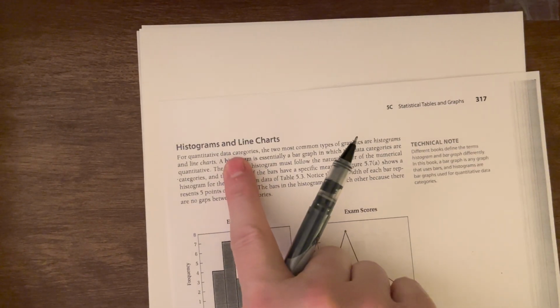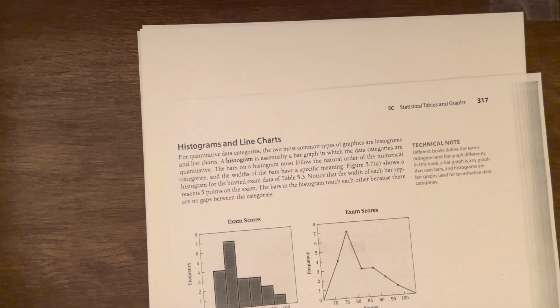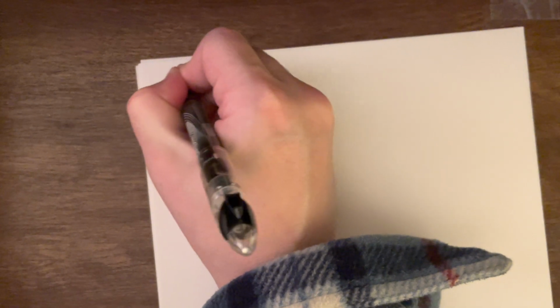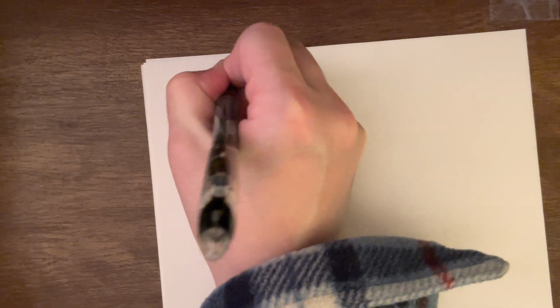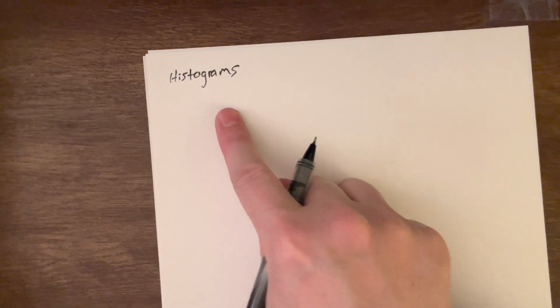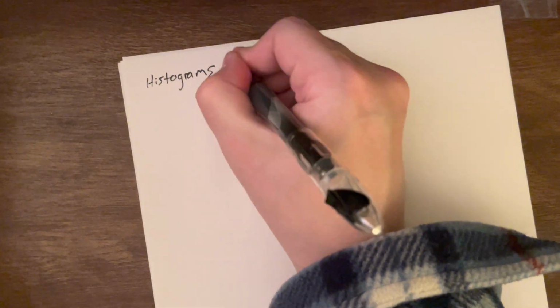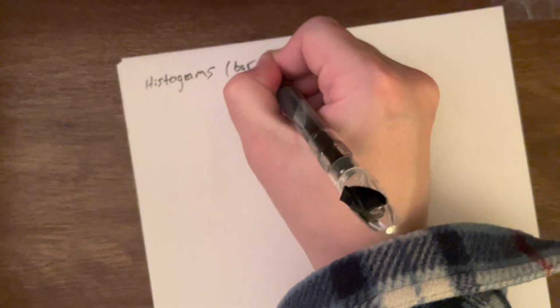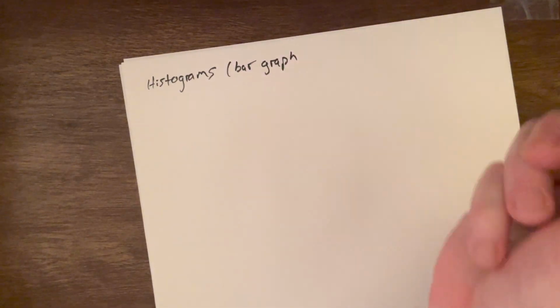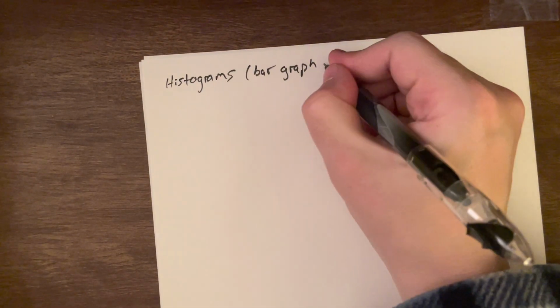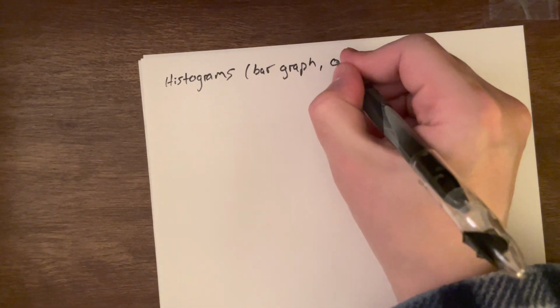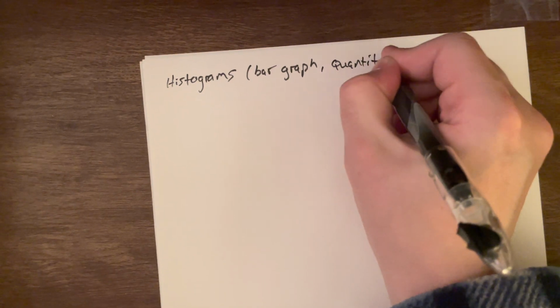But the last thing for today, for quantitative data, this is where we prefer histograms and line charts. So very quickly, a histogram is really a bar graph, but with two things. Number one, it always goes with quantitative data.